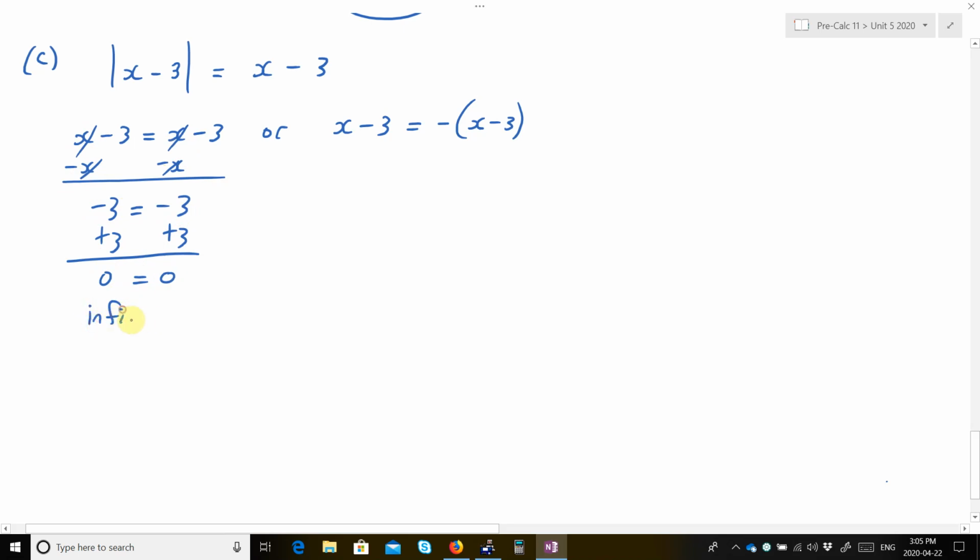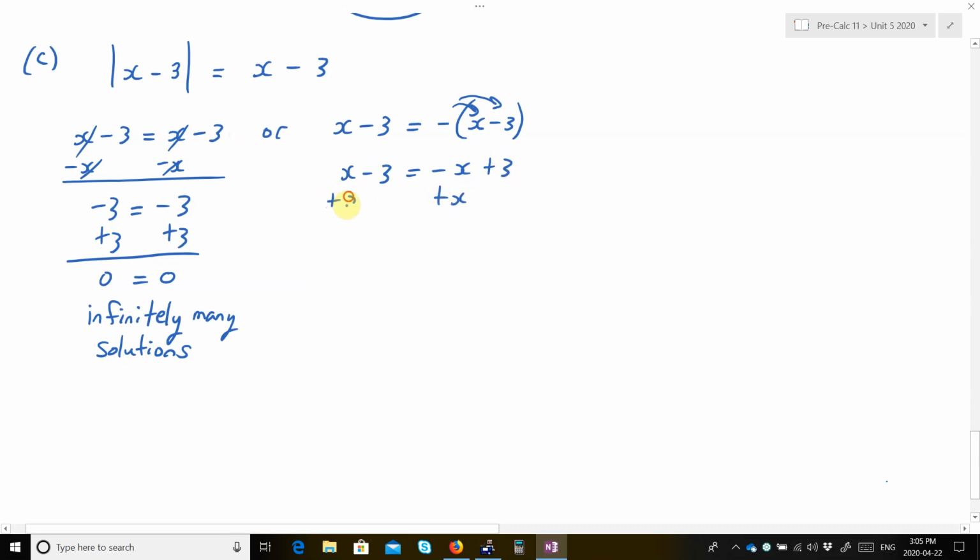And remember back in Unit 3, that was coincident lines, so that gave us infinitely many solutions. And that makes sense because we do have coincident lines here. We've got x minus 3, that line, where is it equal to x minus 3? Okay, and over here we are going to have x minus 3 equals negative x plus 3.